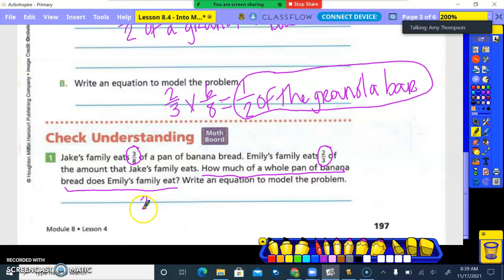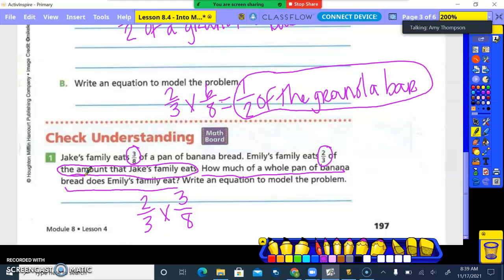So we need to do the 2/3 of Jake's family, which was 3/8, right? Okay, because the amount that Jake's family eats tells us that hers comes first, because we're taking a part of what his family ate. Okay, and then the word "of" is represented by multiplication.